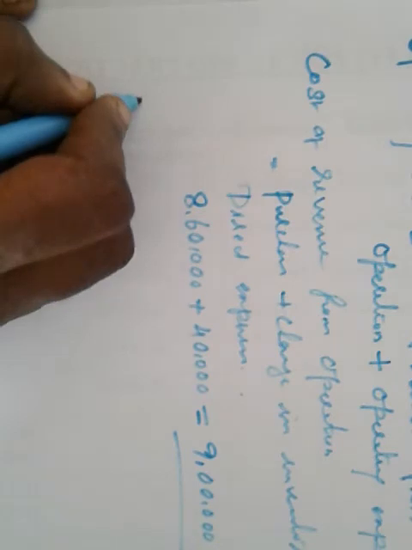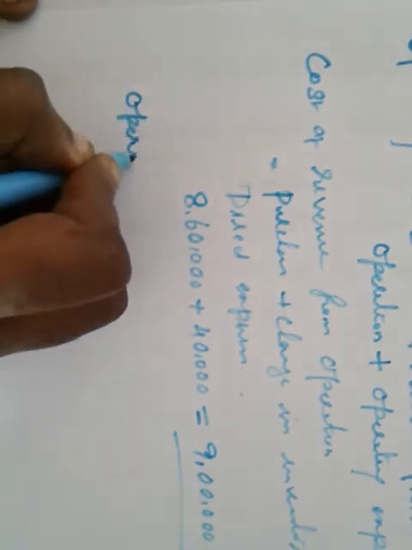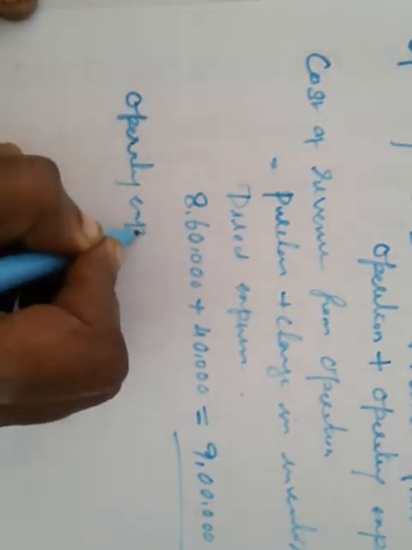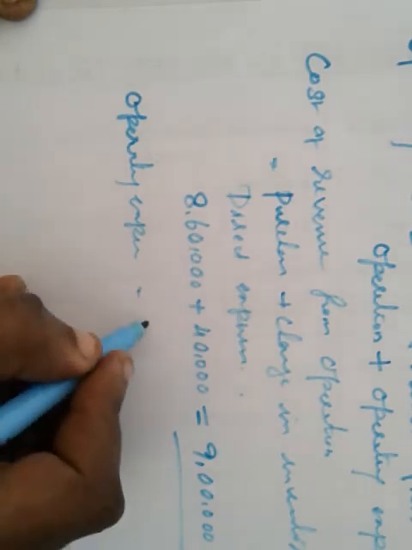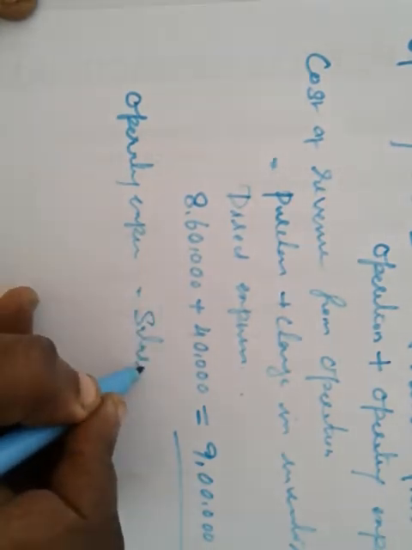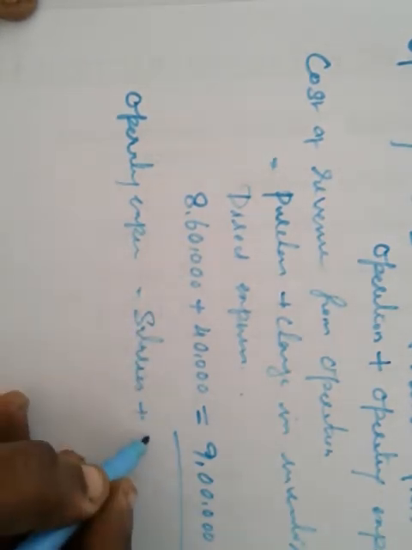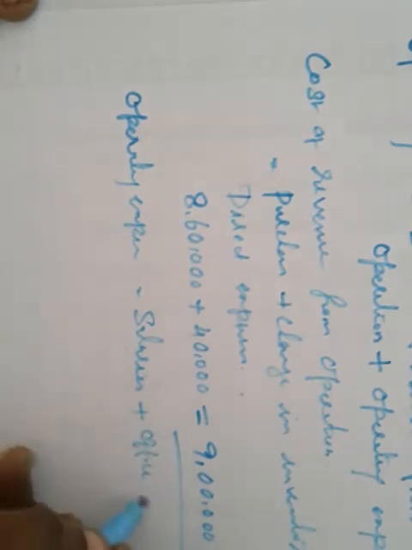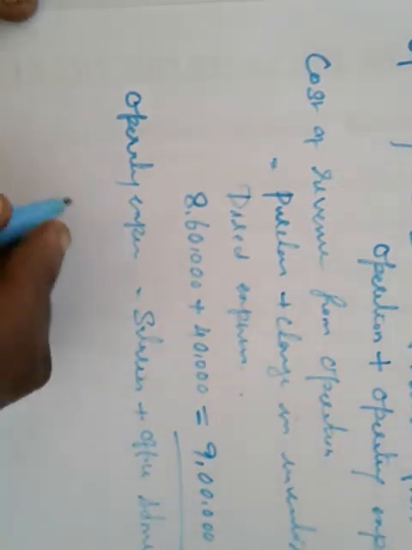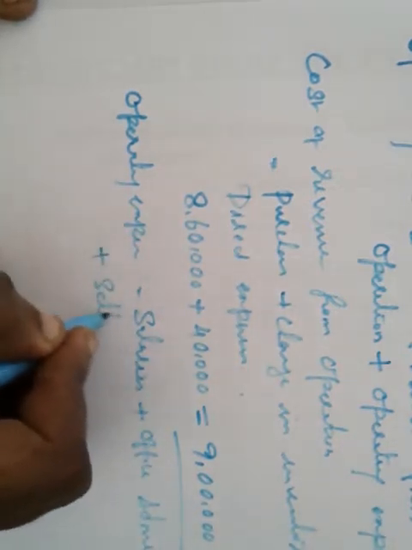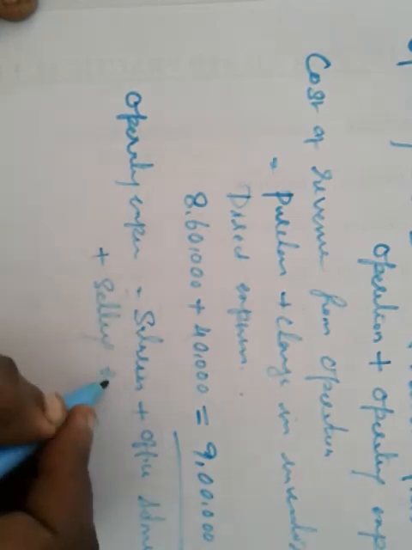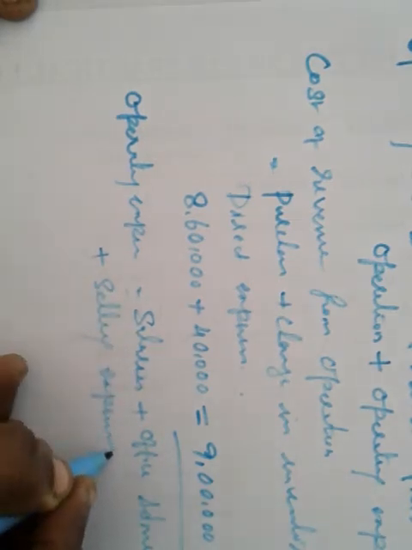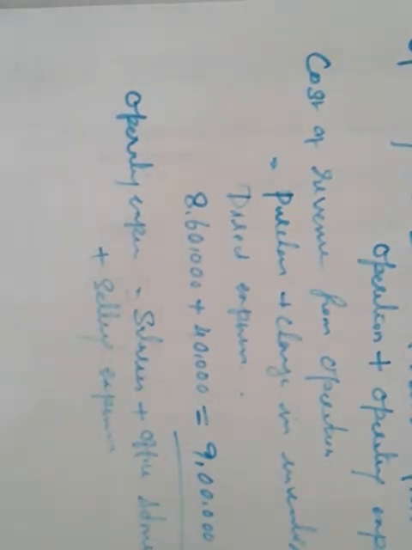Operating expenses is equal to salaries plus office administration expenses plus selling expenses.